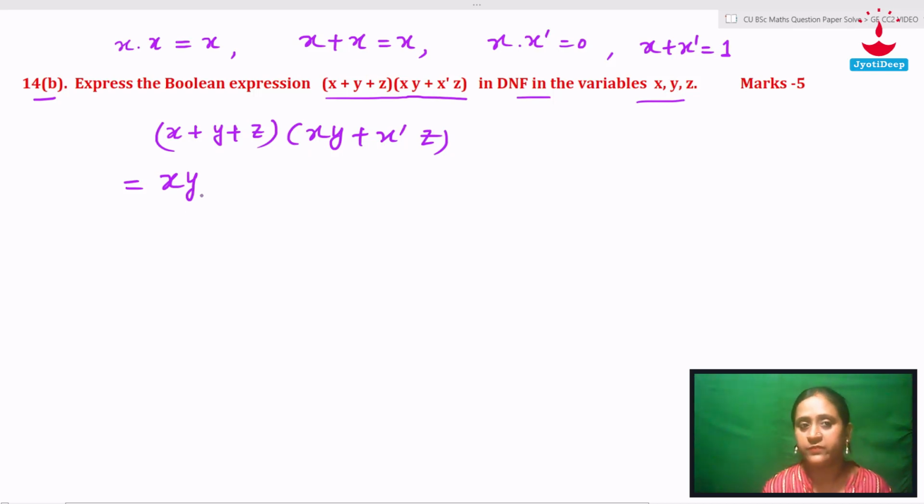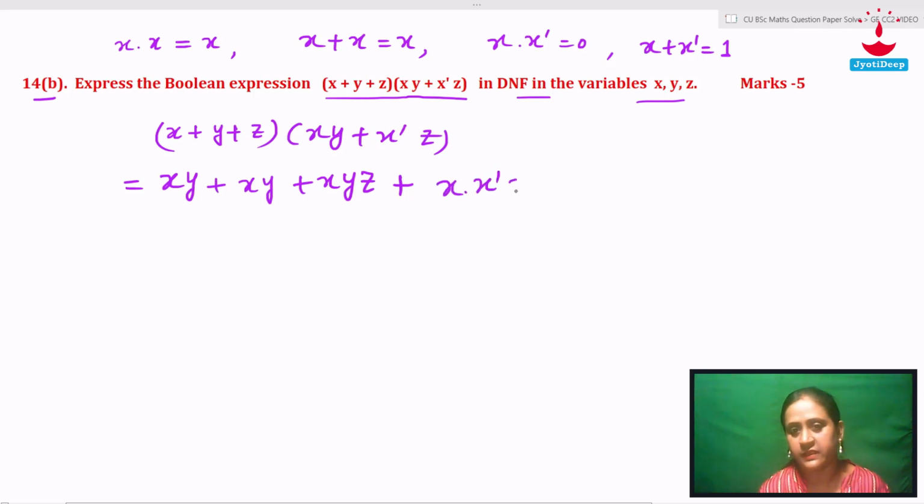So let's multiply x into xy, so it will be xy. Double x does not mean x square. Now x into y into xy, again it will be xy, plus xyz, plus x dash z into x, that means x into x dash z, plus y into x dash z, plus z into x dash z.